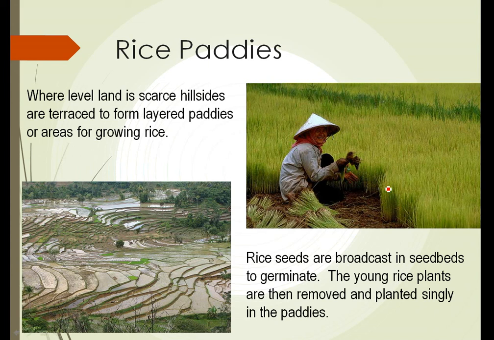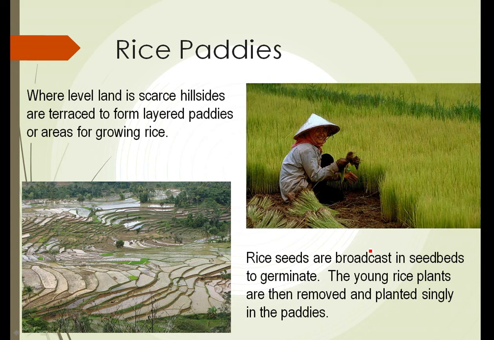In the picture on the right, this woman is not harvesting rice. What's happening here is rice seeds were broadcast in a seed bed and they germinate up to about this size. At this point, they're pulled out of that field and taken to a paddy and planted one by one, essentially, plant by plant, in the rice paddies.